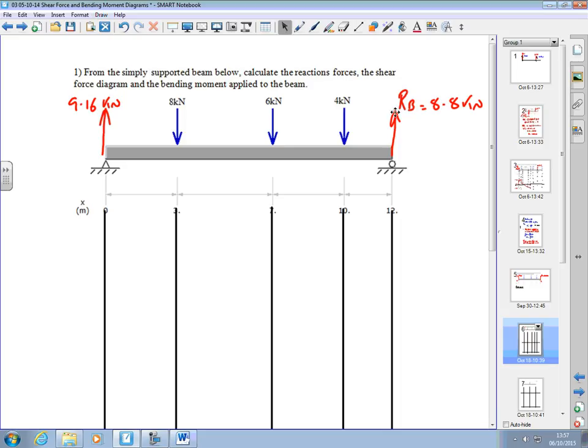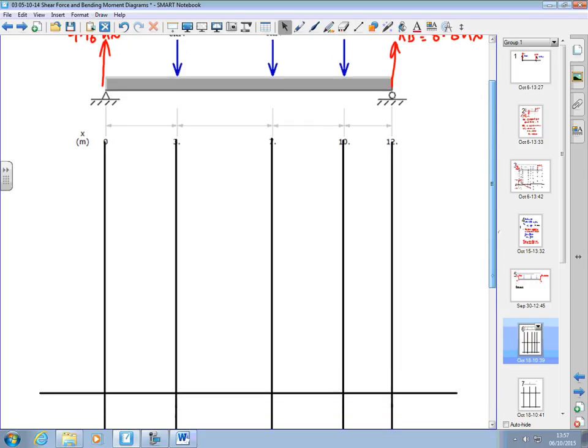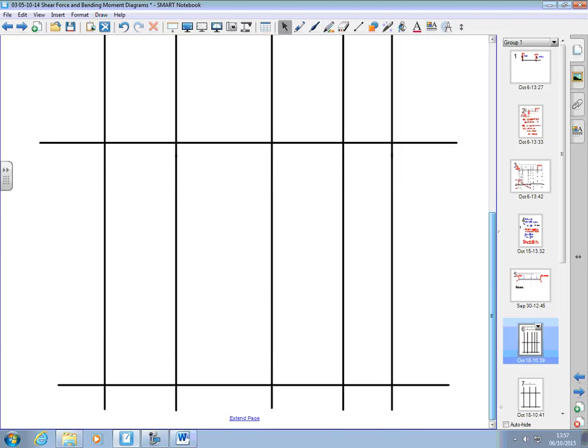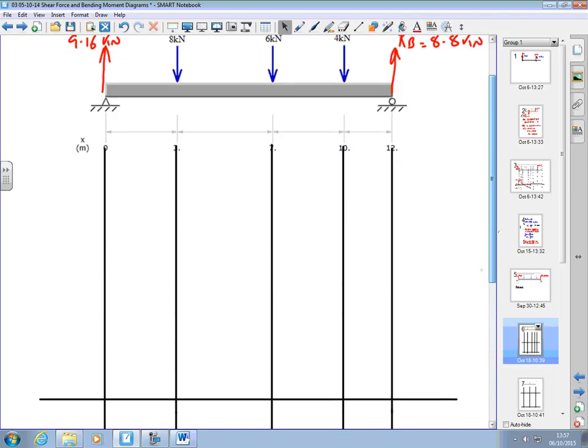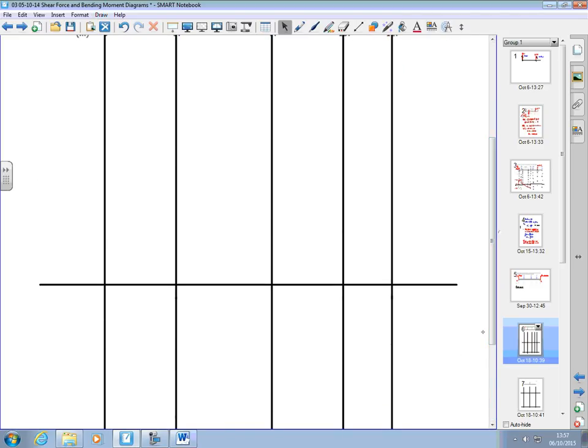So now we can draw our shear force diagram here. And note underneath I've left room for this other diagram called the bending moment diagram. So we start off at 0. This is our 0, and up here is the shear force, measured in this case in kilonewtons. So we specify the unit at that point.